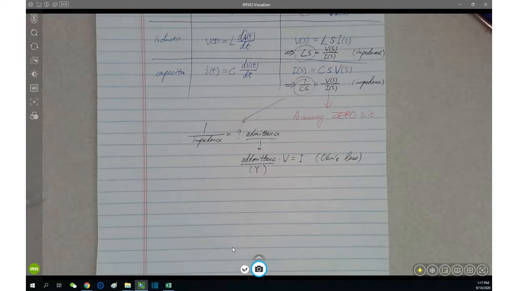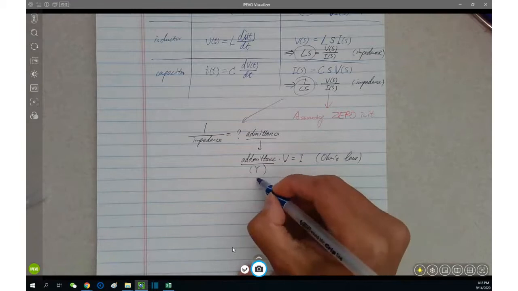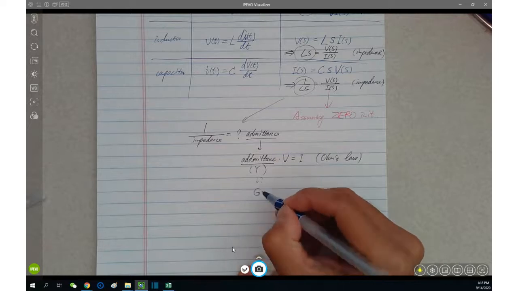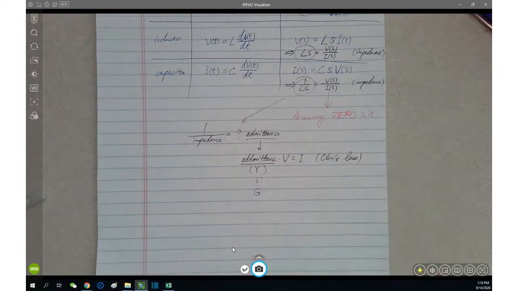Why do they denote it with G sometimes? Sometimes they'll say admittance is equal to G. Can anyone link the admittance to G then? Does it have to do with the unit of admittance?